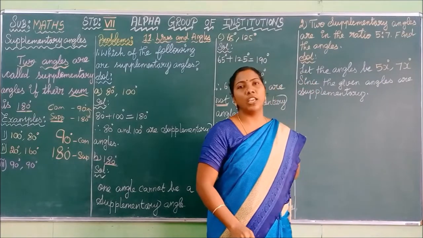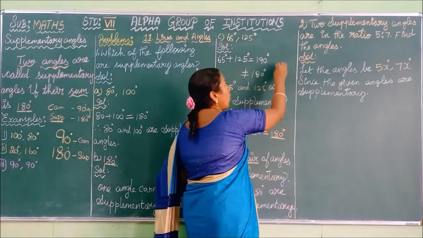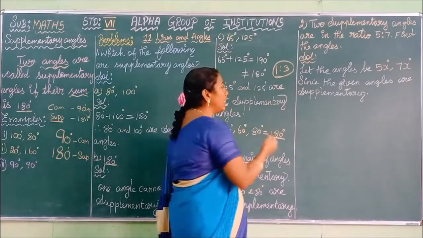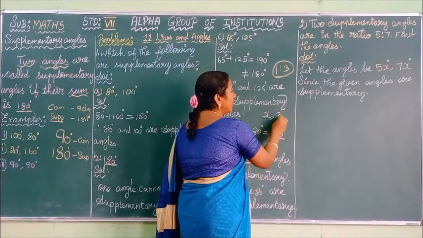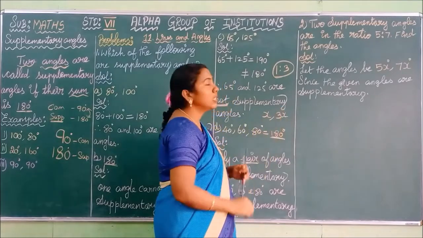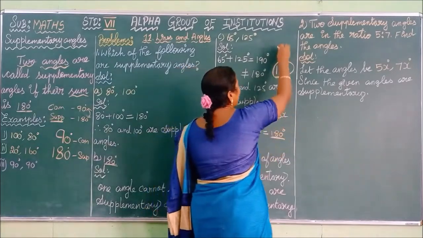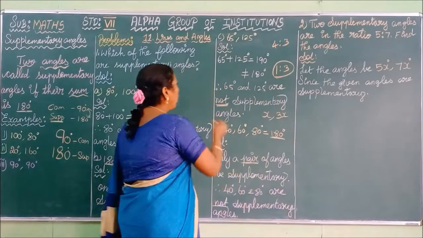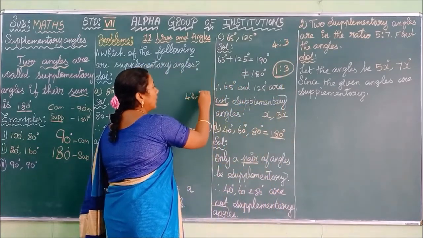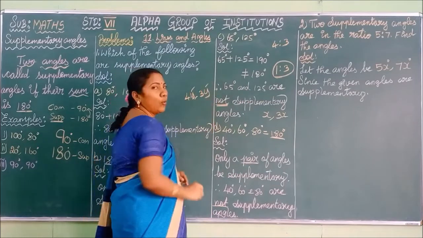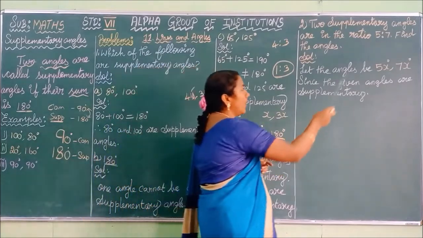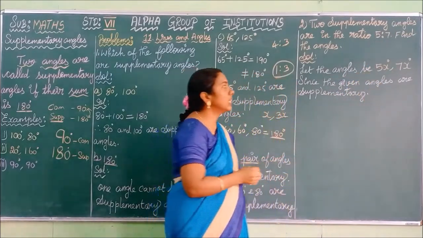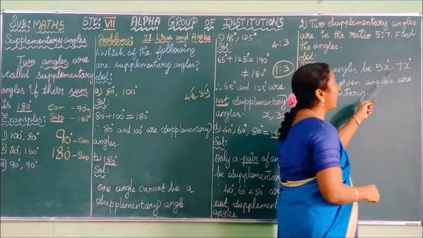Suppose in the question they gave the ratio as 1:3, then we have to take the angles as 1 into x, 3 into x, that is 3x. Suppose instead of 1:3 they give 4:3, then we have to take the angles as 4y, 3y. Instead of x, we may also take y. So if it is given in a ratio, we have to take the values as multiples of that. That's why we are taking 5x degree and 7x degree.